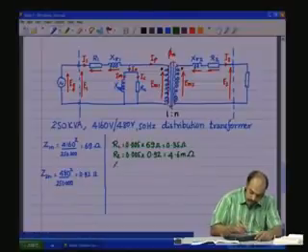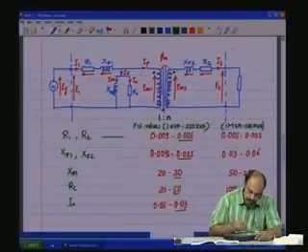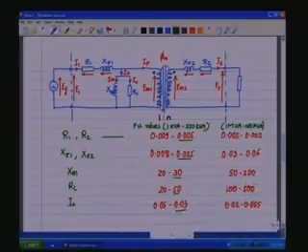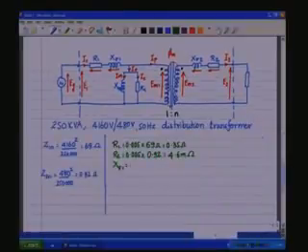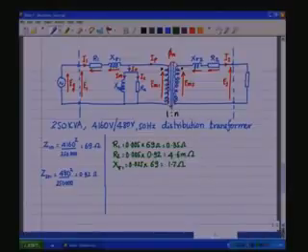Now, the leakage reactance X sigma 1. If you look at X sigma 1, the per unit value is 0.025 for a 250 kVA transformer, 0.025 into the base impedance for the primary side, which is 69, will give you 1.7 ohms.